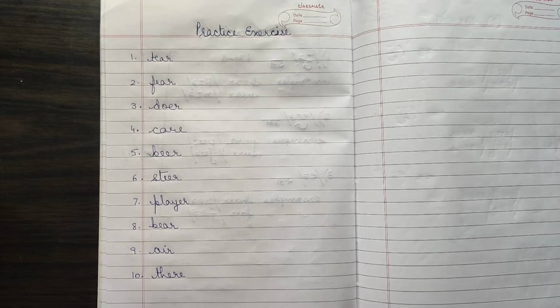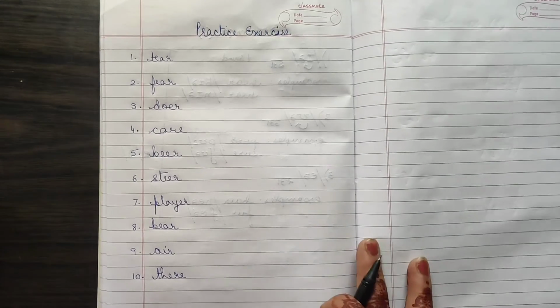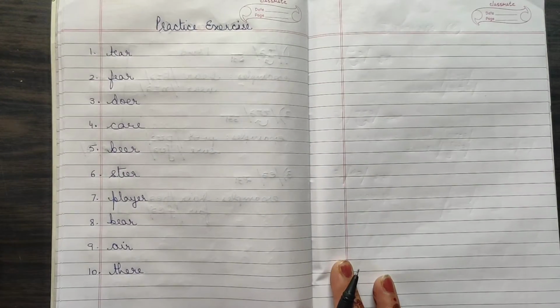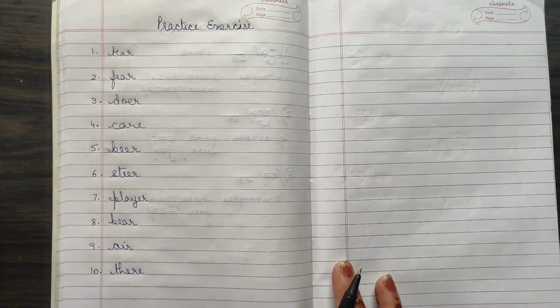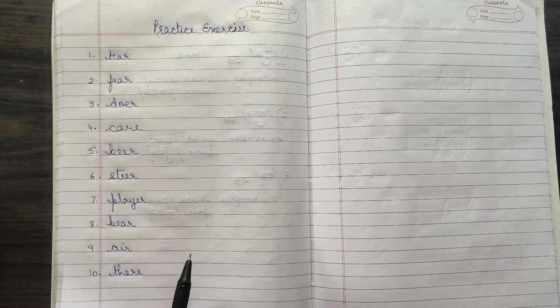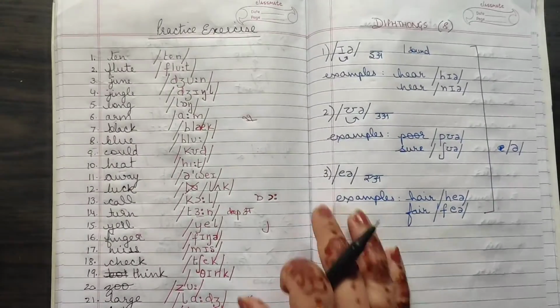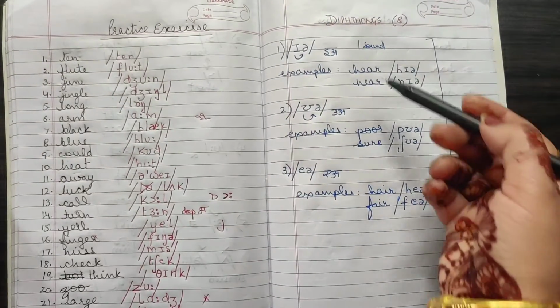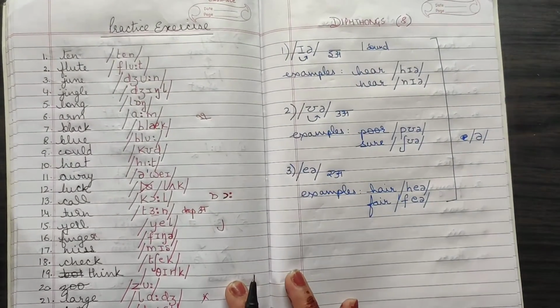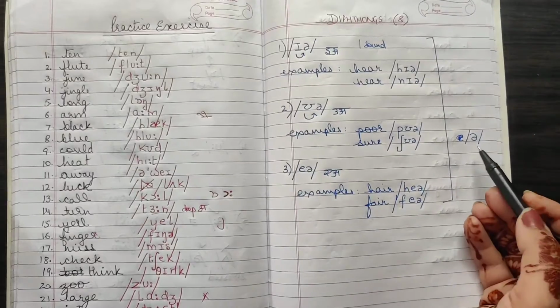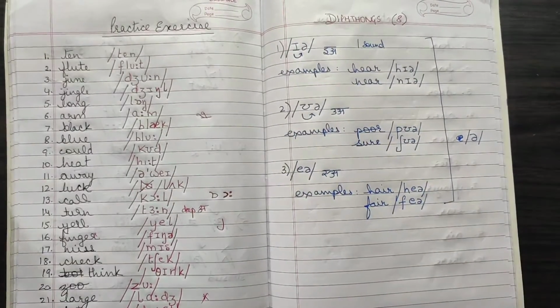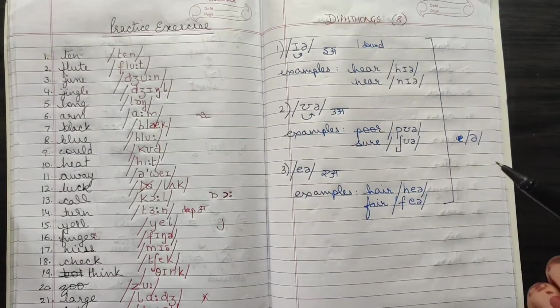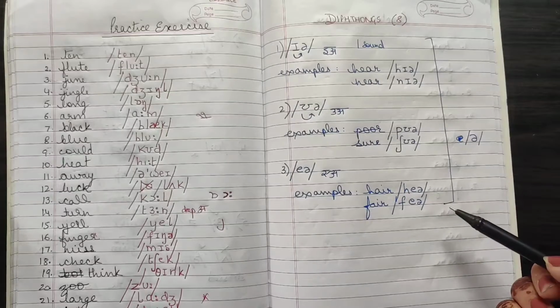Students, today in this video lecture we are going to solve the practice exercise that I had given you yesterday. If you remember, in the previous video lecture the diphthongs had been covered, the three diphthongs which ended with the sound a: ear, w and ear.